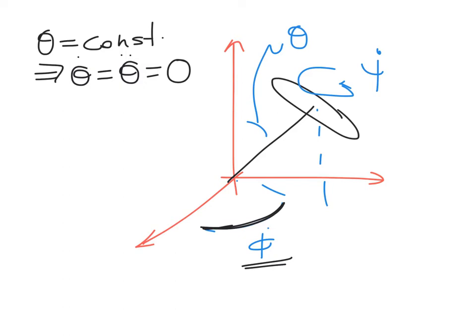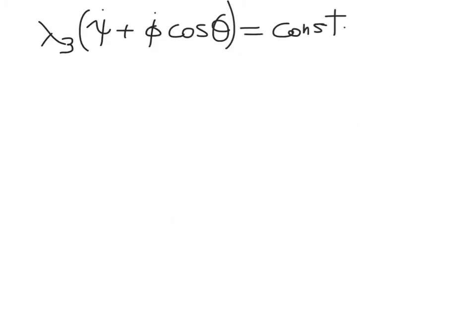And so let's go back to our Euler-Lagrange equation for phi dot and plug in this assumption that theta dot and theta double dot are both 0. Here's our generalized momentum for the psi coordinate. Remember, that's a constant.